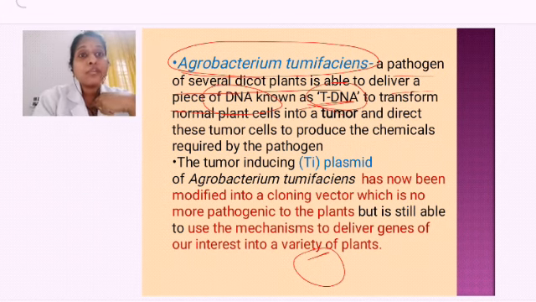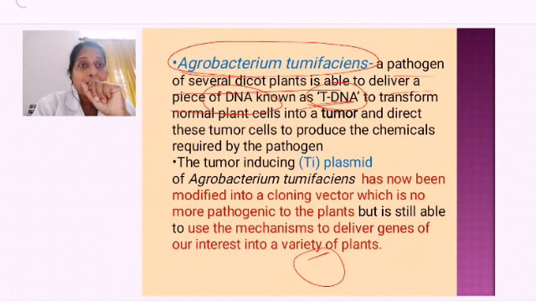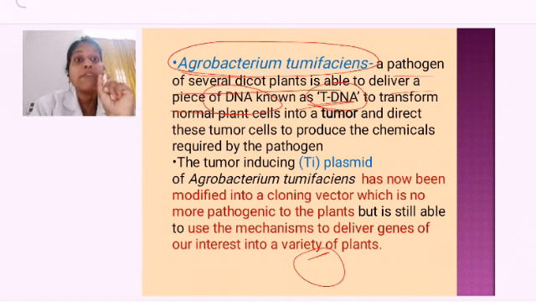But what are we going to do? I am going to take out this Agrobacterium tumefaciens and use it as a vector. How can I use it as a vector? I have to introduce my gene of interest, like a disease resistant variety or pest resistant variety. Where do I have to introduce it? In that place where it is producing some chemicals which are toxic to the plant, isn't it?